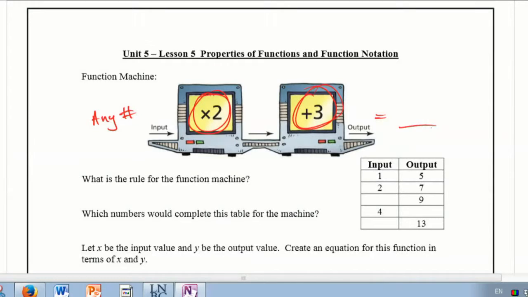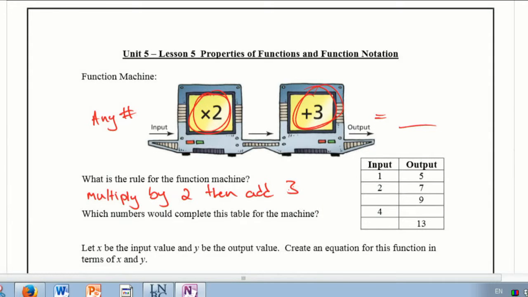It's going to be some unique number. That makes a little bit of sense. So the rule of this function machine, in this case, it's asking us to multiply by 2, then add 3.